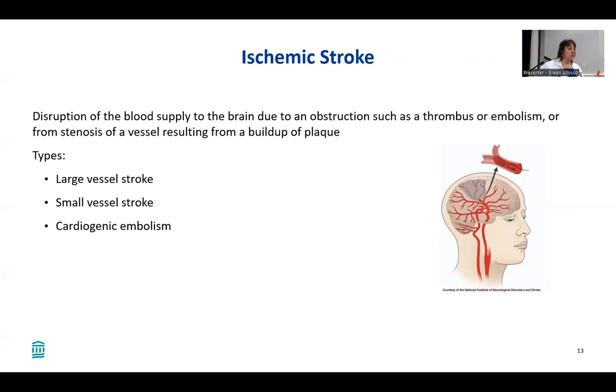Then we have the small vessel strokes, and usually those are caused by risk factors such as smoking, high blood pressure, bad diet, high lipids. I like to make the analogy that if you look at the vessels in the brain, at the very end they're getting tinier and tinier.